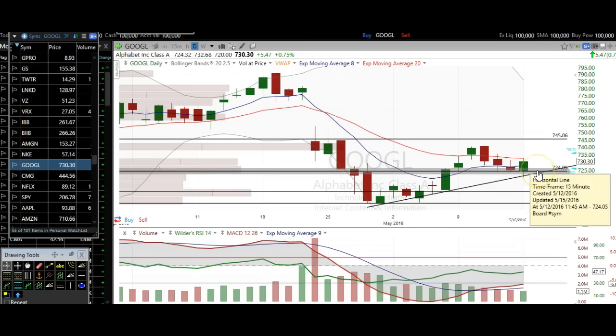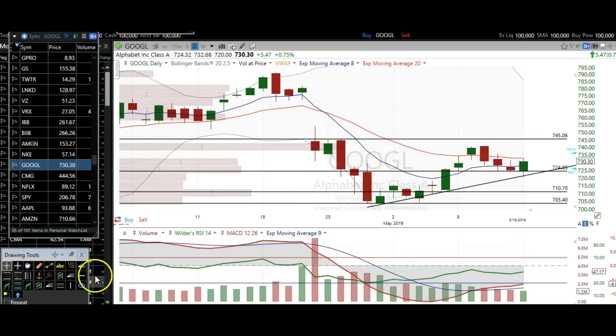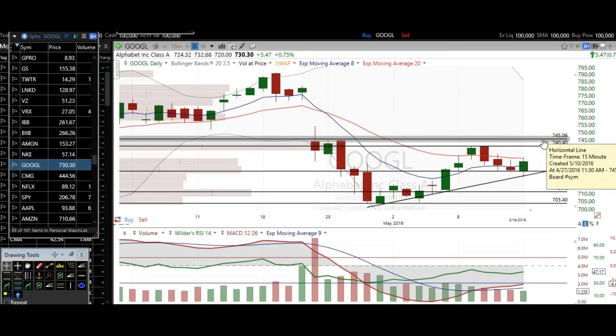So we can use that 724 as support. I believe Google is going to be heading higher as long as this uptrend line and the 724 support holds. We've got resistance at about, and I'm just going to draw that right now, the nearest resistance right there, 740, and then again at 745 is resistance for Google.